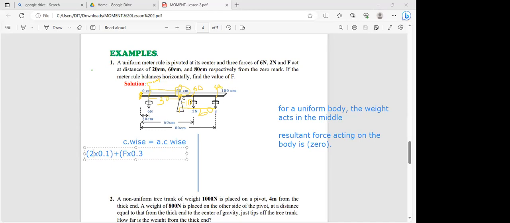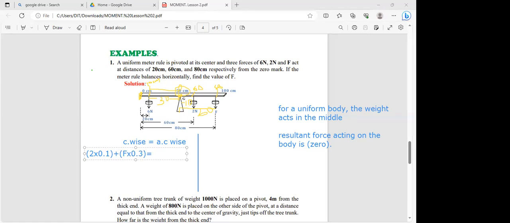So we have 2 times 0.1. 0.1 is 10 in meters, and 0.3 is 30 when changed to meters. So those ones are the clockwise moments, and they're going to be equal to the anti-clockwise moments.